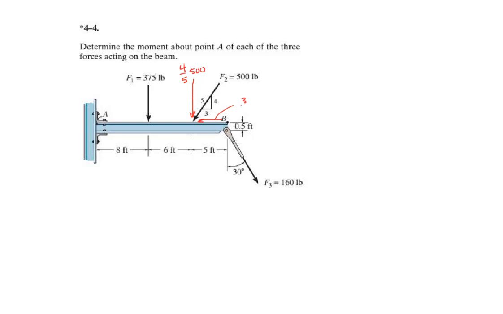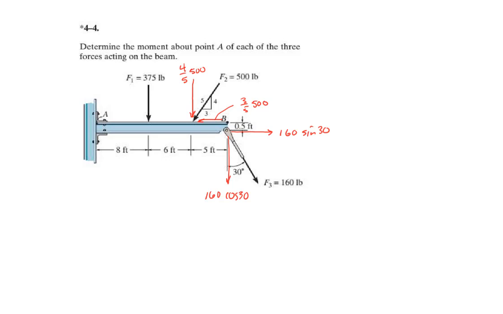This one will be the 3/5 component of 500. F3 over here has a component in this direction. That will be the cosine component, so that'll be 160 cos 30, and then this one will be the sine component, so it'll be 160 sine 30.